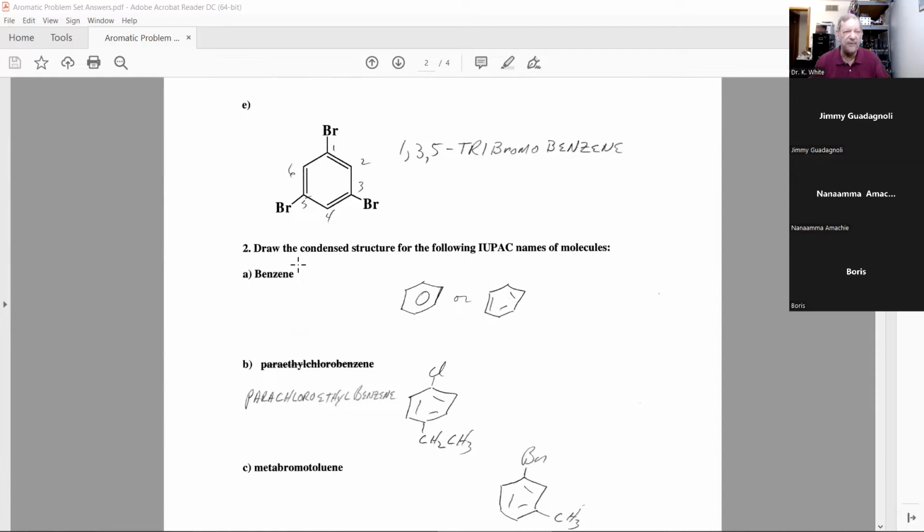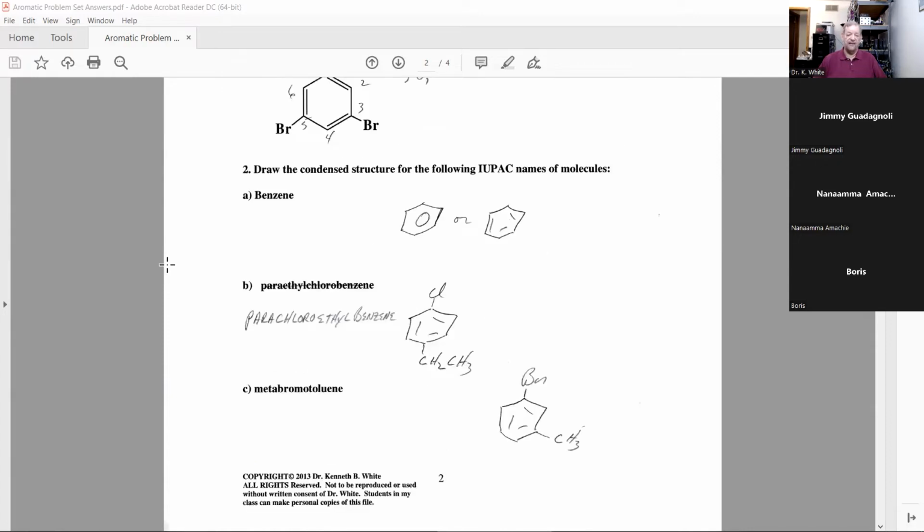Now, the other type of nomenclature question is draw the condensed structure for the following IUPAC names. And the first one is benzene. And don't forget, put the double bonds or a circle, because otherwise that's, guess what, wrong. Now here I made a mistake on the name.